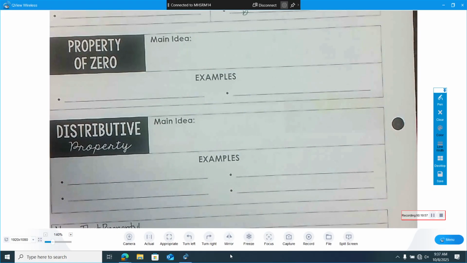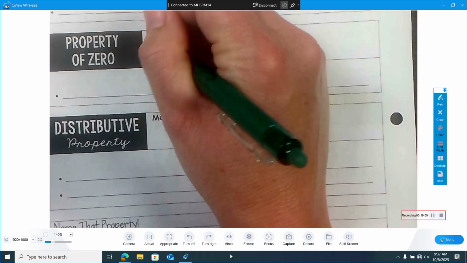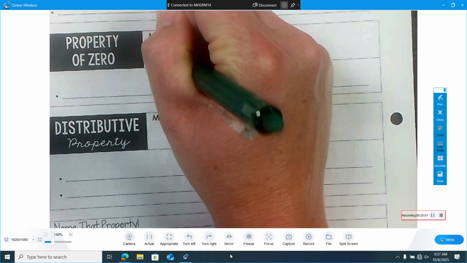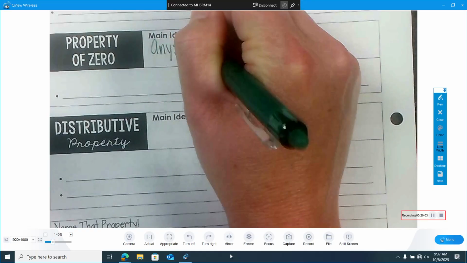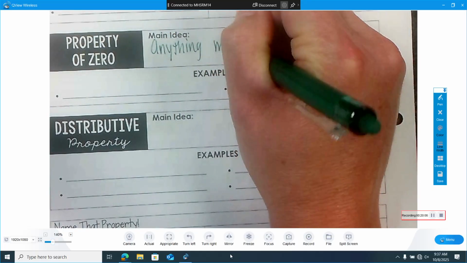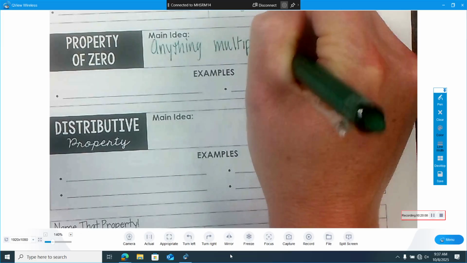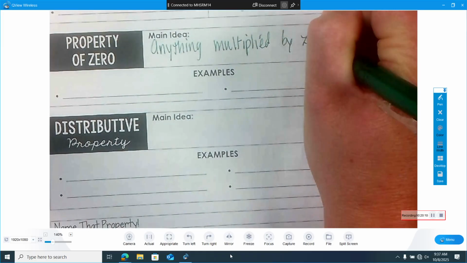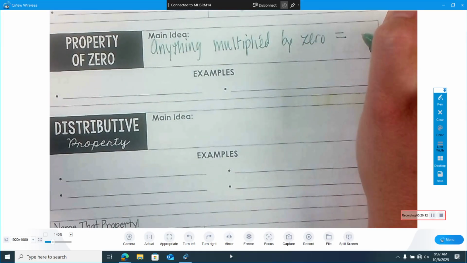The zero property. The main idea is anything multiplied by 0 equals 0.